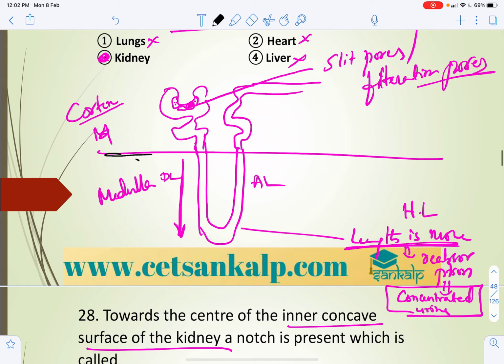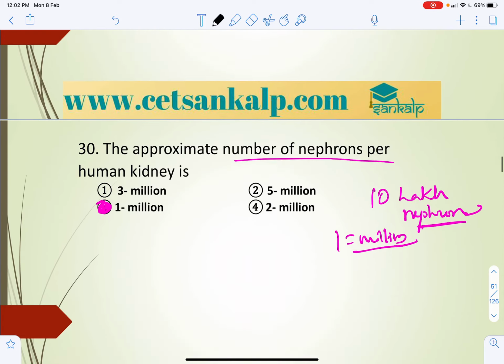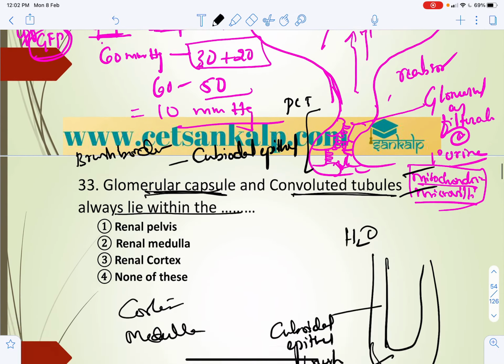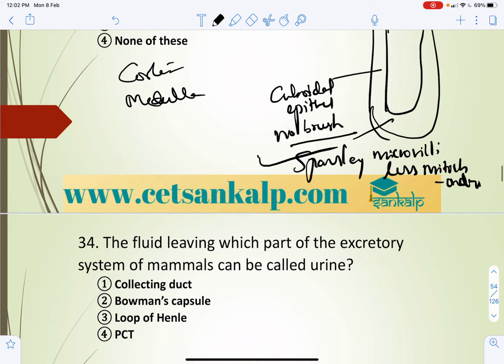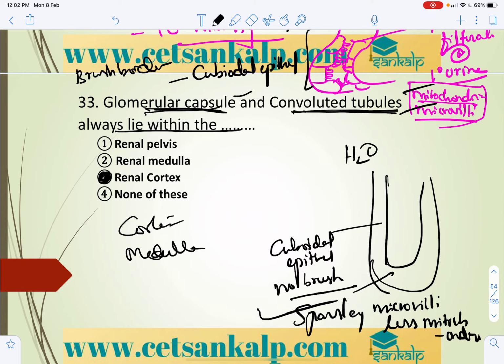This is the cortex region, where there is the DCT, PCT, and collecting ducts can also be seen. So in the cortex region, mainly the glomerular capsule and the convoluted tubules always lie within the renal cortex.